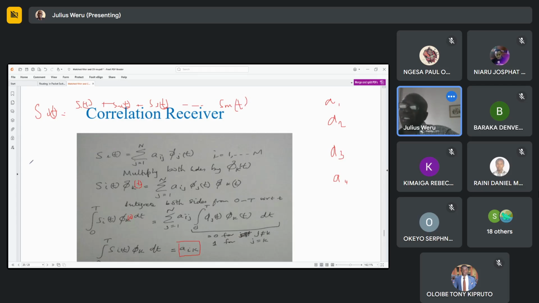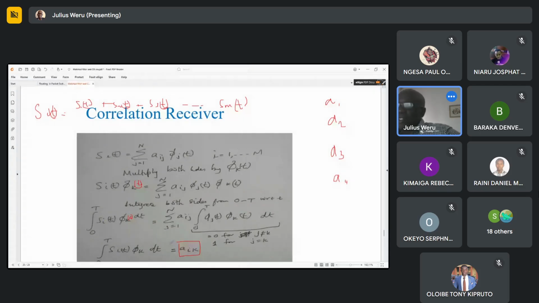I think that's what we are saying. Those are the different signals, and each of these has got n orthogonal bases. This is the signal you are carrying, which is a combination of these signals, and each of these signals is a linear combination of the orthogonal bases.